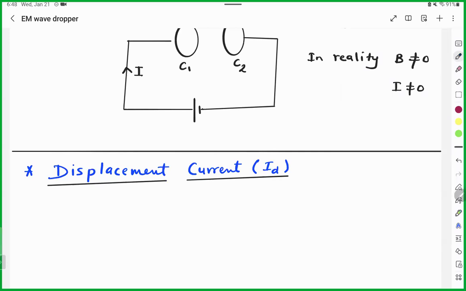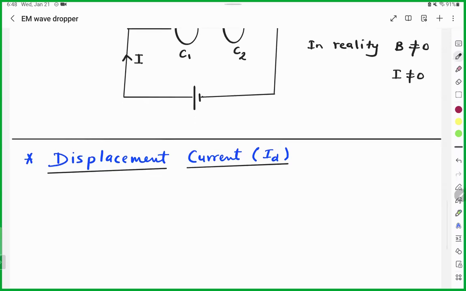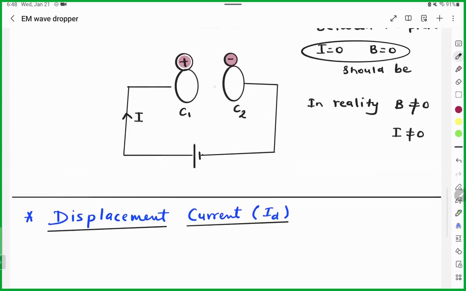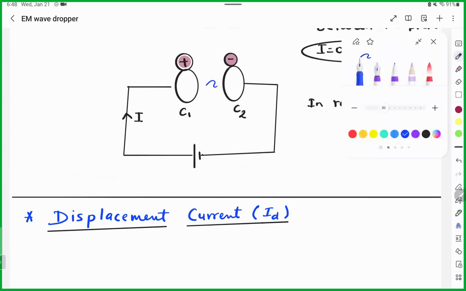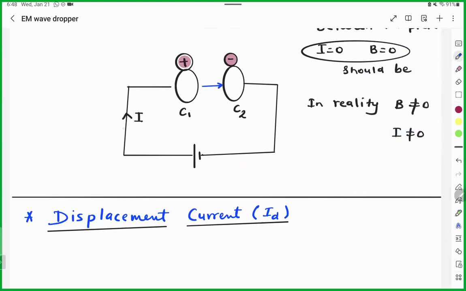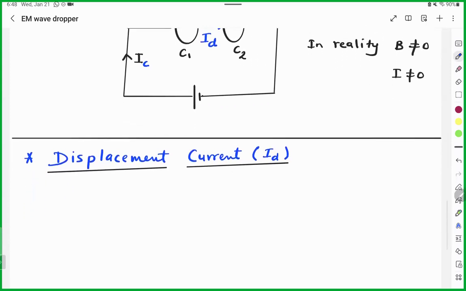So displacement current is produced due to change in the electric field and electric flux, and that will exist between the capacitor plates. Here you will introduce a new current, that will be the displacement current. In a normal wire you have conduction current, and between the plates you will have displacement current. Two types of current: conduction current in the normal wire, displacement current between the plates.